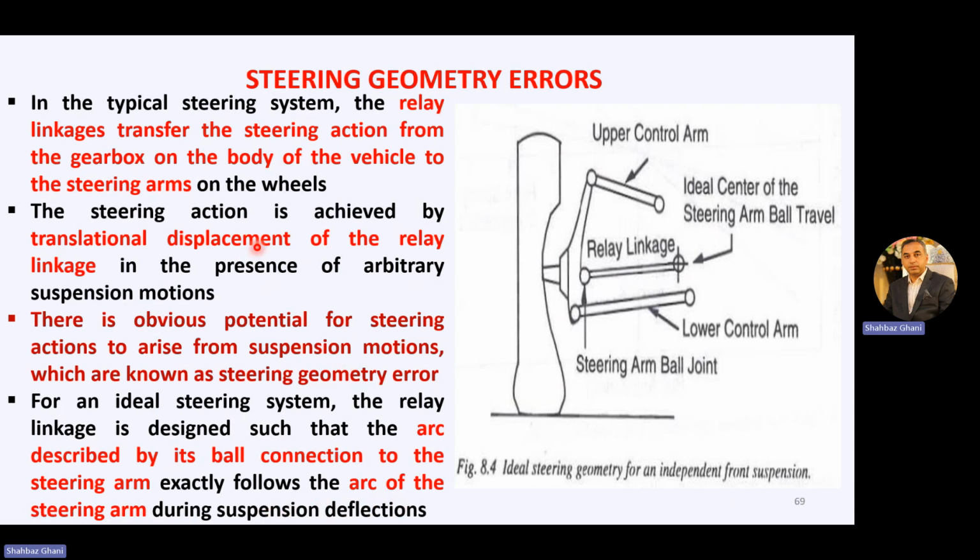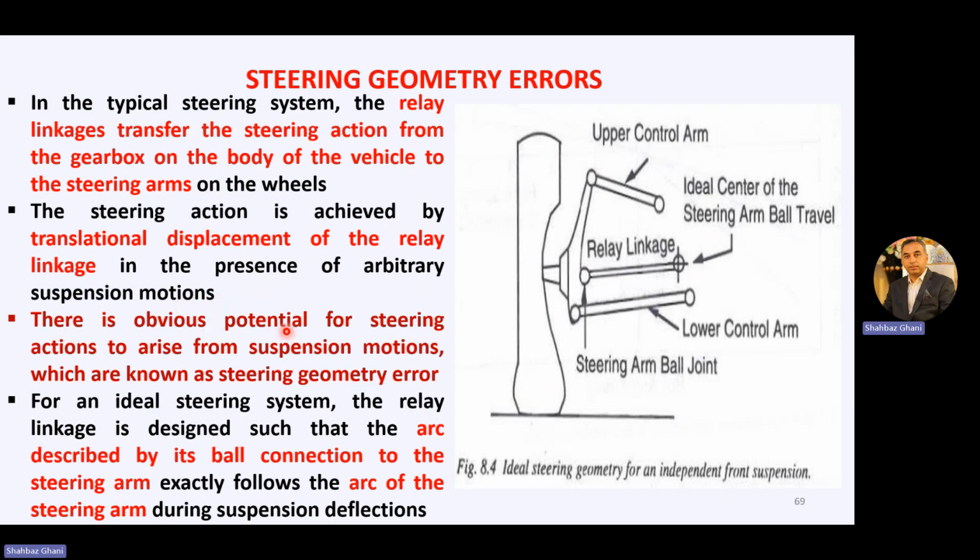I will read it again. In a typical steering system, the relay linkages transfer the steering action from the gearbox on the body of a vehicle to the steering arm on the wheels. The steering action is achieved by translational displacement of the relay linkage in the presence of arbitrary suspension motions.